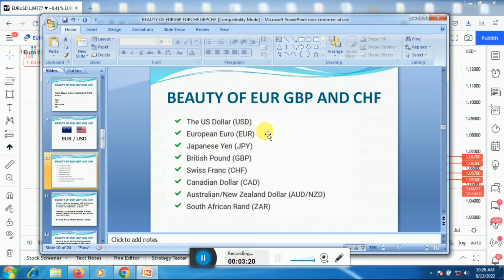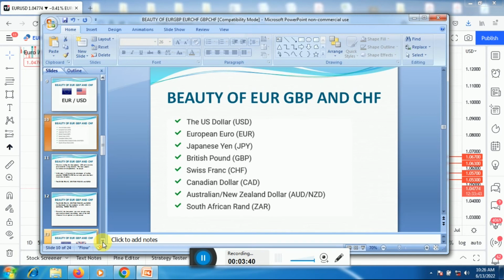The US dollar, the euro, the Japanese yen, the British pound, the Swiss franc, the Canadian dollar, the New Zealand dollar, the Australian dollar, and also the South African rand. It is considered a major currency pair because it is one of the most volatile amongst those exotic pairs like the Mexican peso, the Brazilian real, and the Turkish lira. But the South African rand is considered a major currency pair.